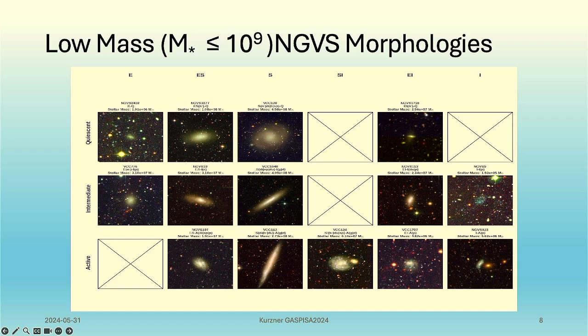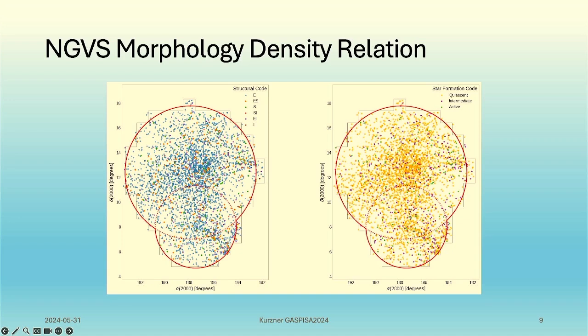So from this, we can readily go ahead and make a morphology density relation. So here I'm just showing you the NGVS footprint in gray. The red are just the virial radii of M87 and M49 for reference, where you can see on the left side of the screen all the structure codes overplotted, and on the right, the star formation codes.